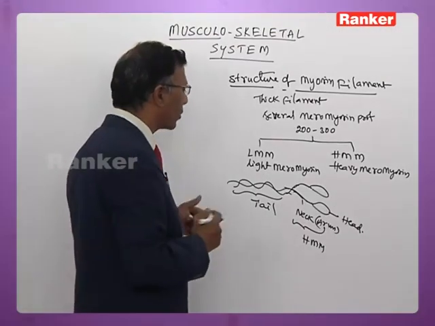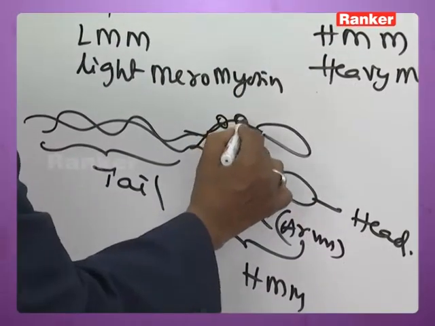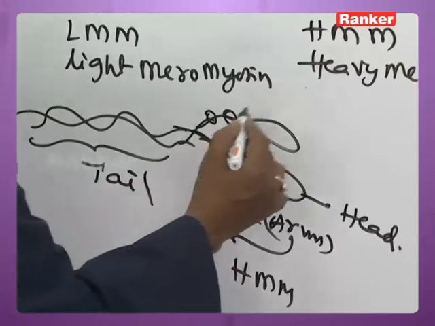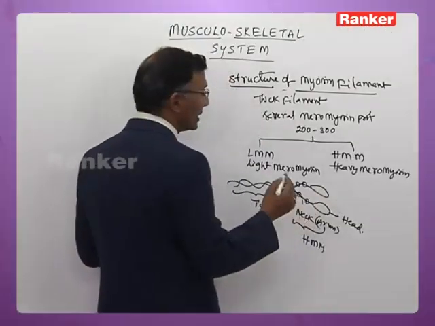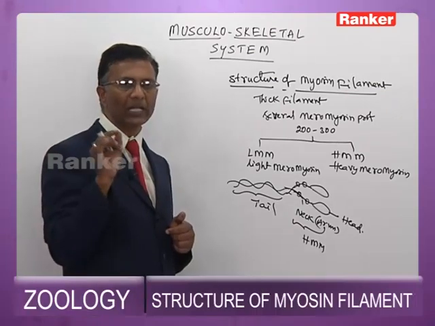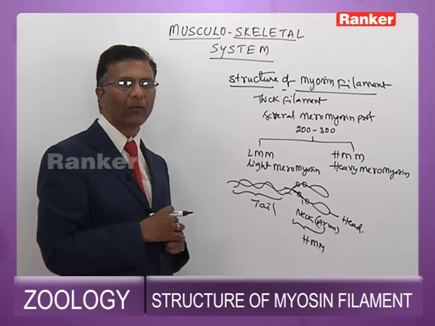Apart from this, around the neck there are two kinds of proteins. You call them regulator protein and structural protein. So HMM is made up of altogether 4 kinds of polypeptide chains, whereas LMM is made up of 2 polypeptide chains.